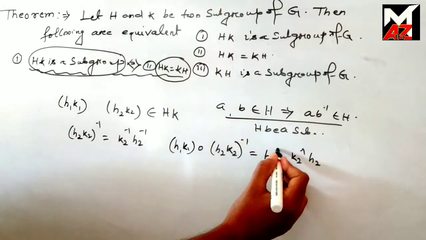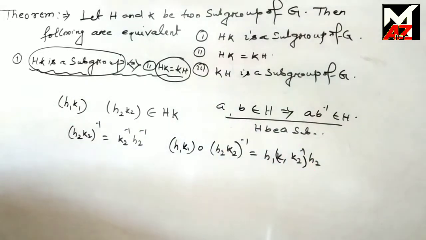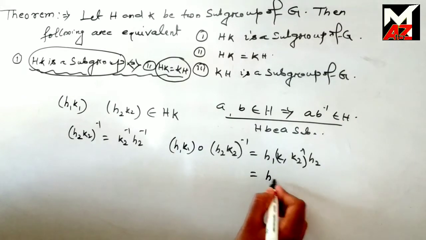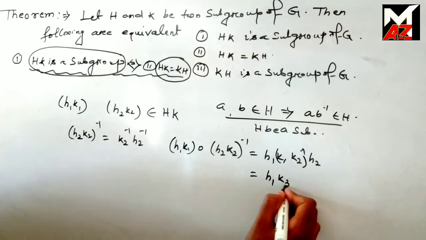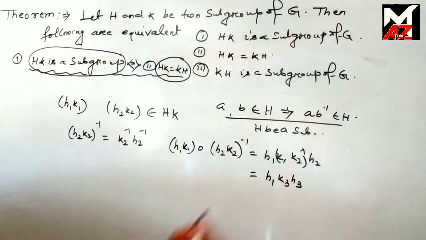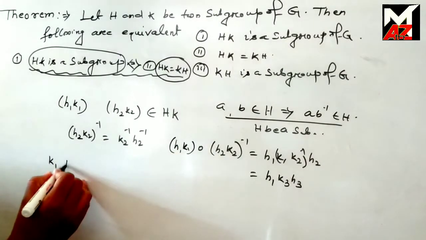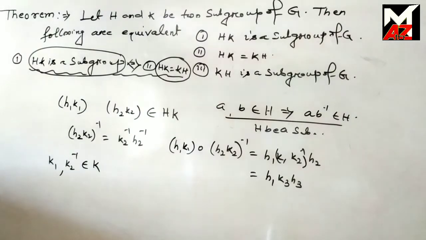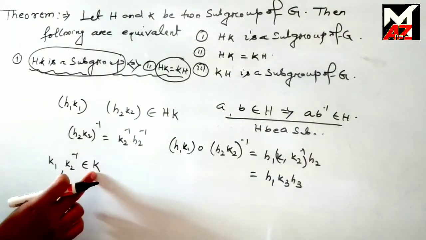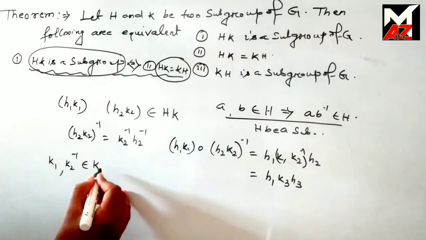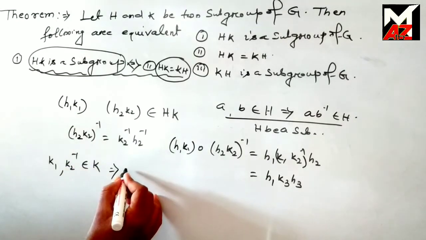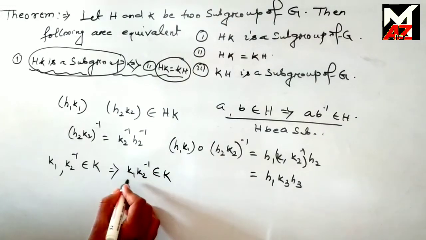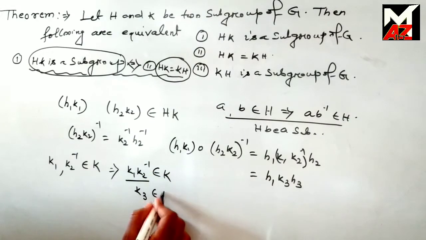Now by the associative property we can get K1 into K2 inverse, because K1 and K2 are both elements of K, and K is a subgroup. Then we can write K1 K2 inverse belongs to K, and we take this as K3. K3 belongs to K.